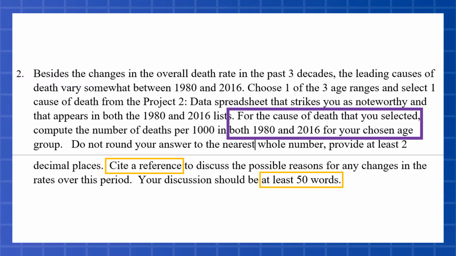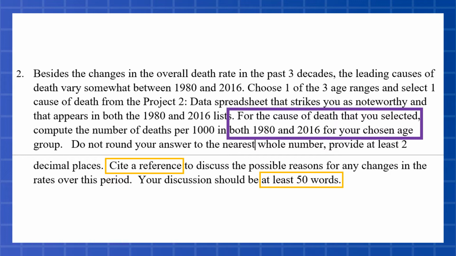Part 2 says we're not going to look at the overall death rates, but specific causes of death. And specific cause of death in both 1980 and 2016 for one age group. So you also want to cite a reference for this. So let's say you're looking at one age group, and that age group is the oldest age group, and you notice that there's a decrease in heart disease as a cause of death in those 2 time periods.